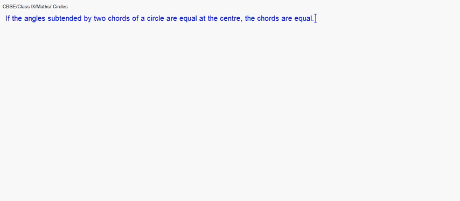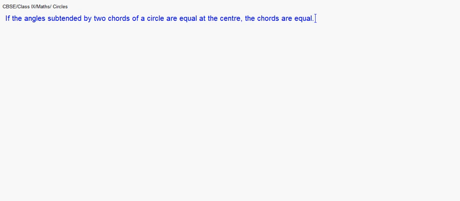If the angles subtended by two chords of a circle are equal at the center, the chords are equal. This is the converse of the previous theorem.